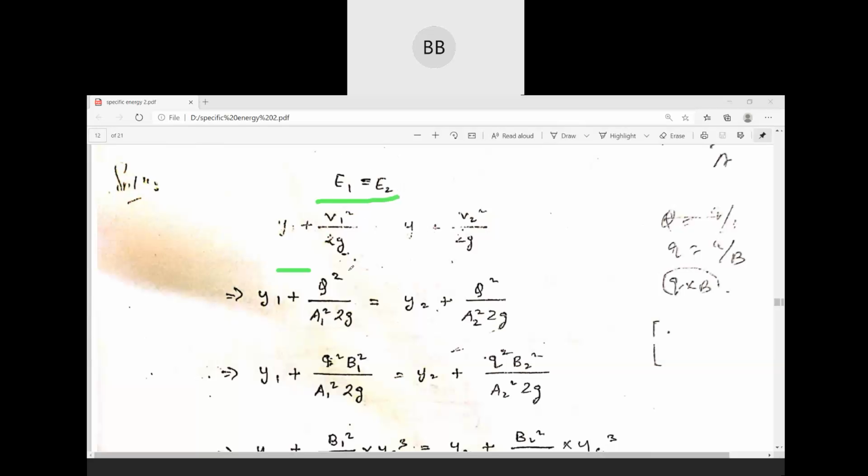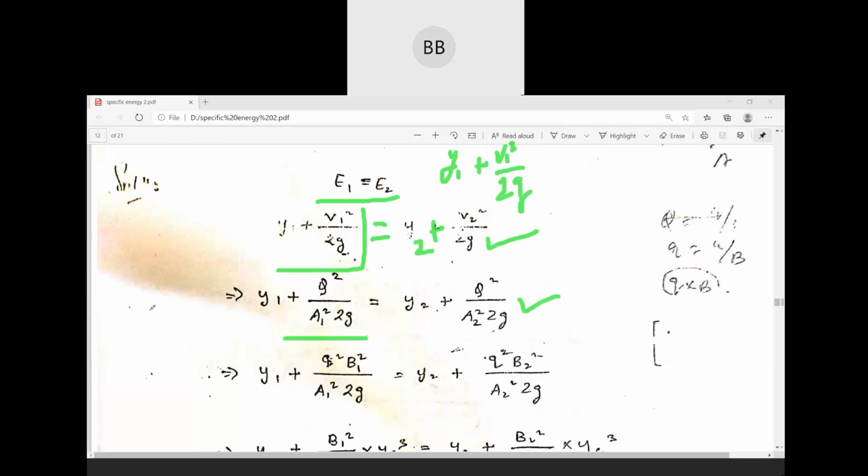Then we will write the expression for E1, that is y1 plus V1 square divided by twice g is equal to y2 plus V2 square divided by twice g. Then we are replacing that V value by Q by A, that is Q square divided by A2 square.